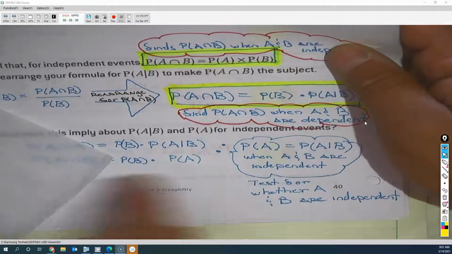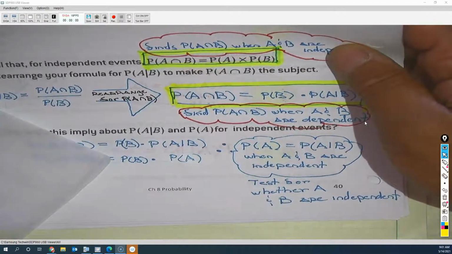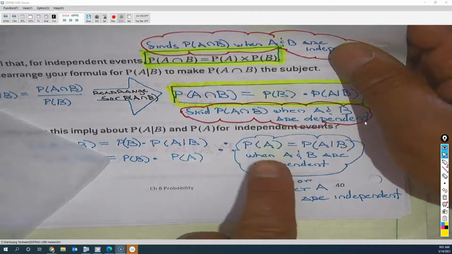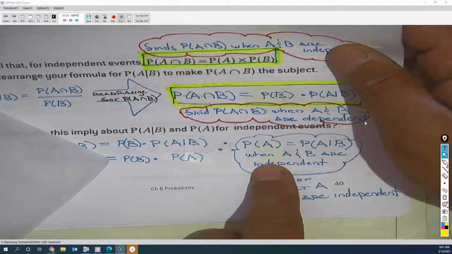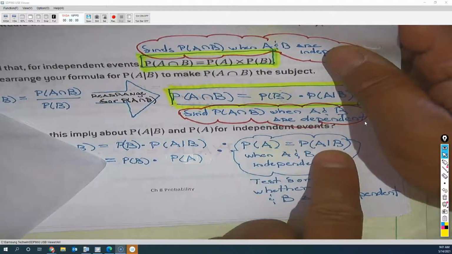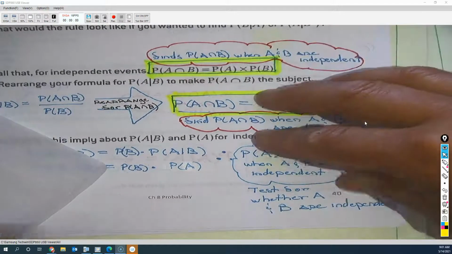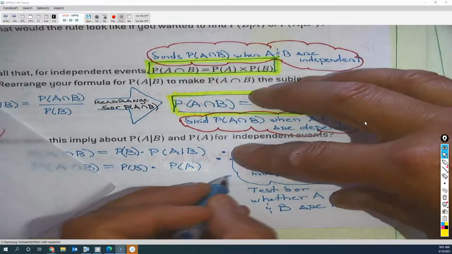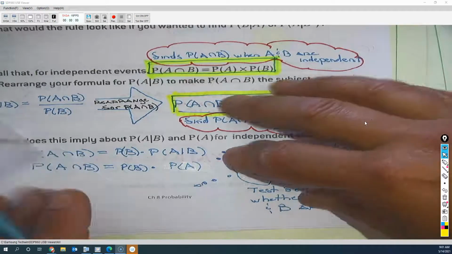So later on in this assignment, you're going to be asked, are these events independent? You're going to use this test to determine yes or no. If these two things are the same, then they're independent. And there's actually two tests. Another test is this.